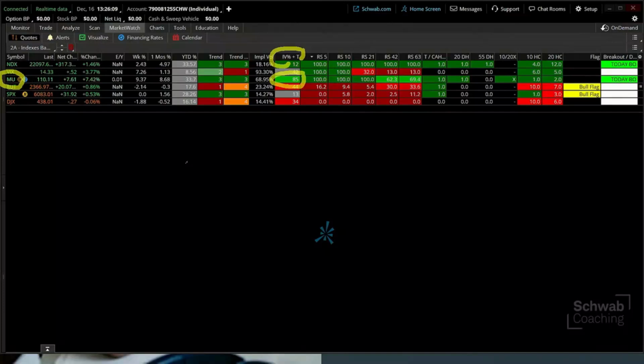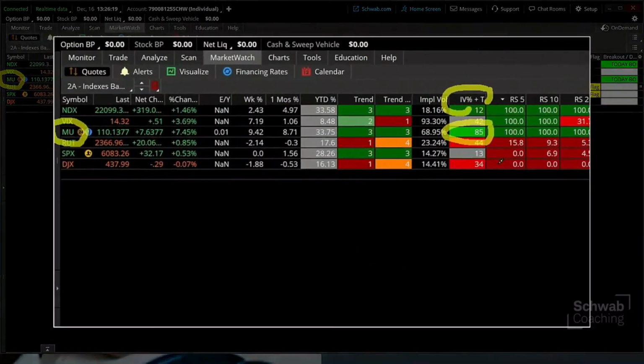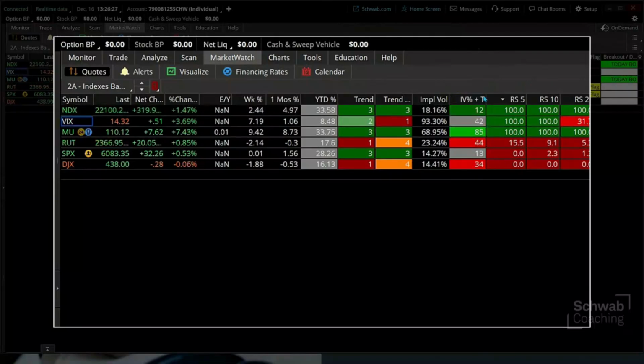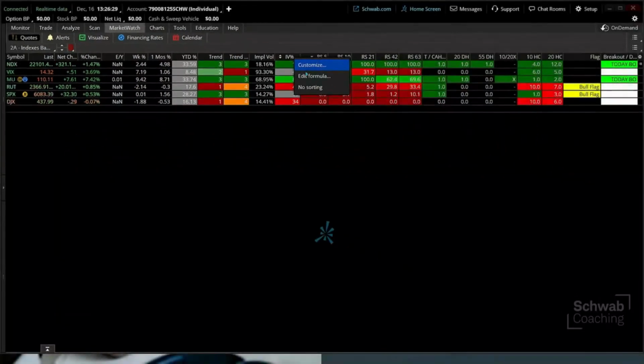By the way, why is the background green? Simple answer. It's using the moving average. Price is greater than the moving average. Price is up on the MACD and the stochastics for how long? I don't know. Let's double check. We're going to right-click, we're going to edit formula. This is the beautiful thing about these. If you have these, go to edit formula.